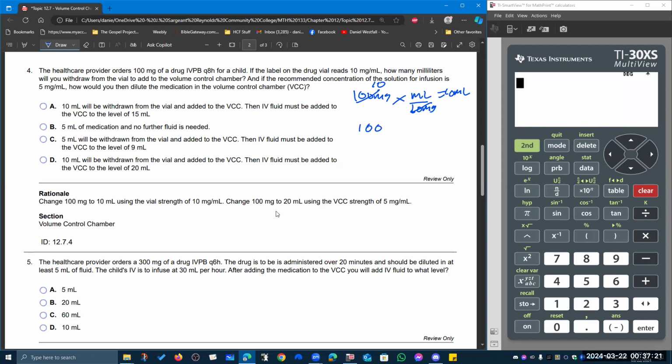And then I have 100 over X equals, and then this is 5 over 1. And so 5x equals 100, x equals 20. So 10 and 20 are the numbers that I want here. 10 milliliters will be withdrawn. The fluid will be filled up to the 20 milliliter mark on the volume control chamber.